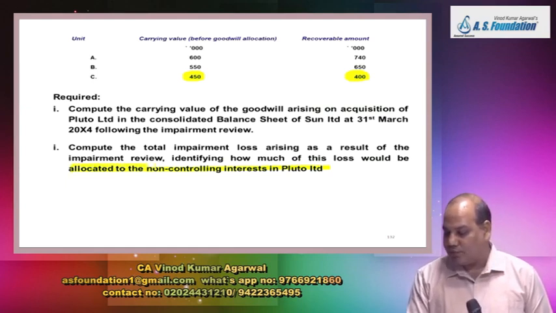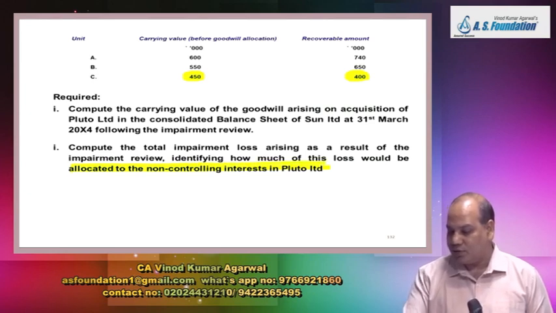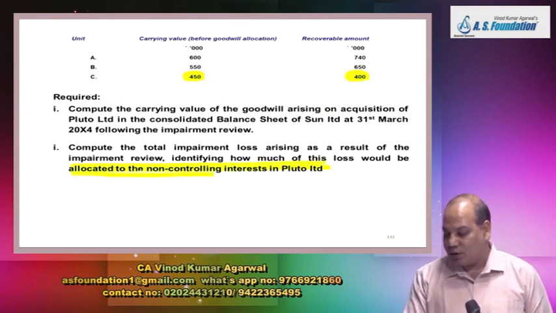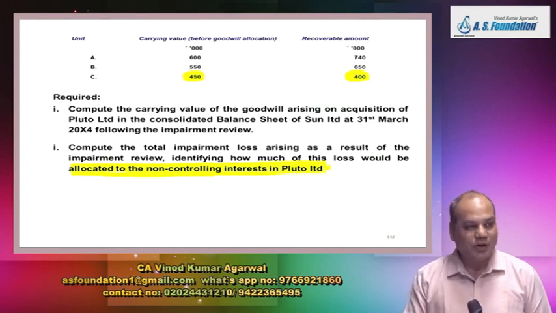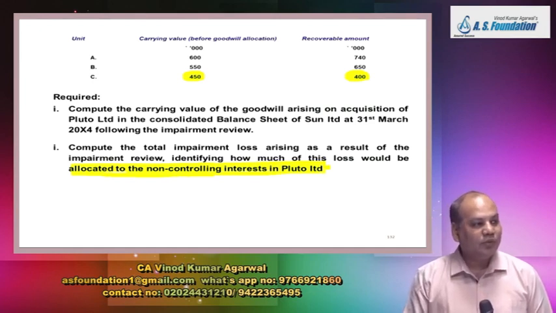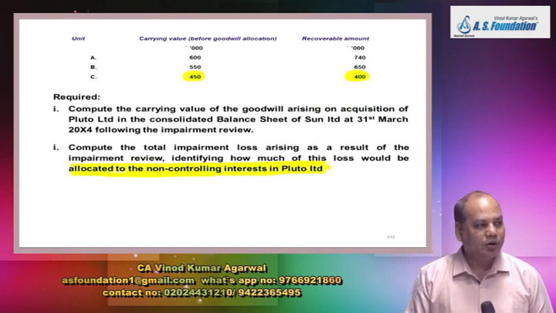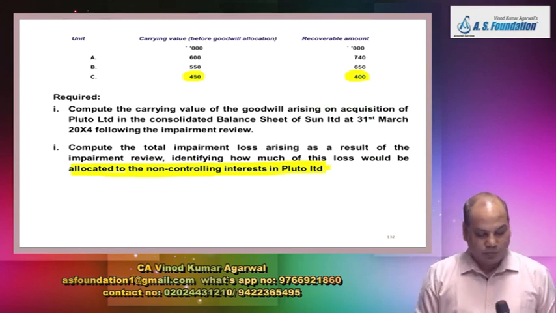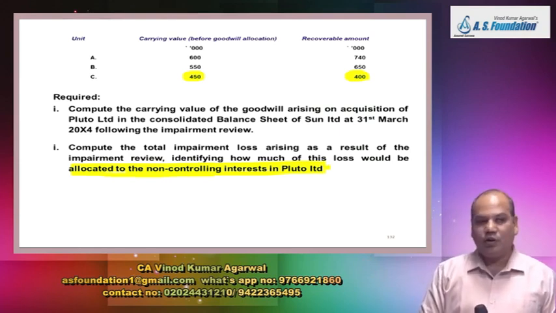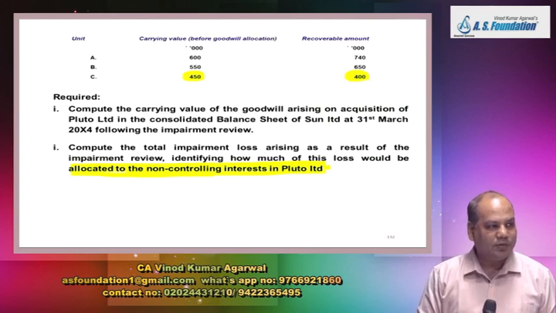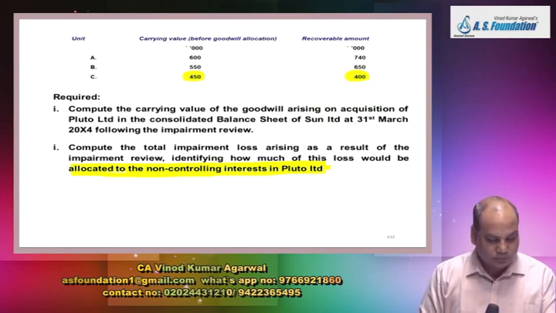And if you have calculated NCI using fair value of share, then the impairment loss will be allocated to parent and NCI proportionately. If you calculate NCI using net identifiable asset, then the entire impairment loss will be allocated to parent company.